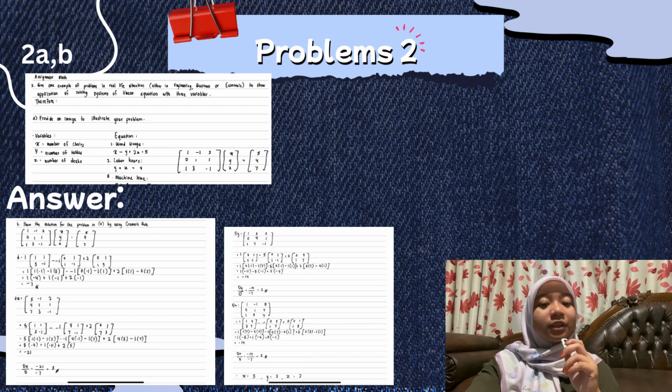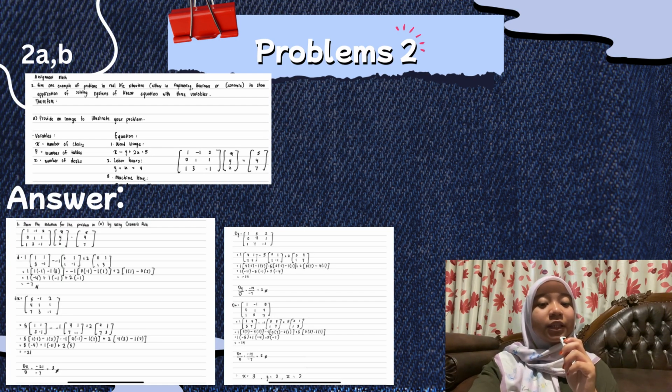We replace the first column with the numbers from the results, which are 5, 4, and 7. After calculating, we get dx equals -21. So, x equals dx over d, equals -21 over -7, equals 3.